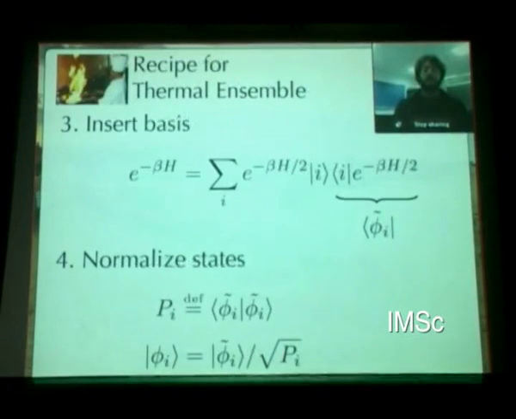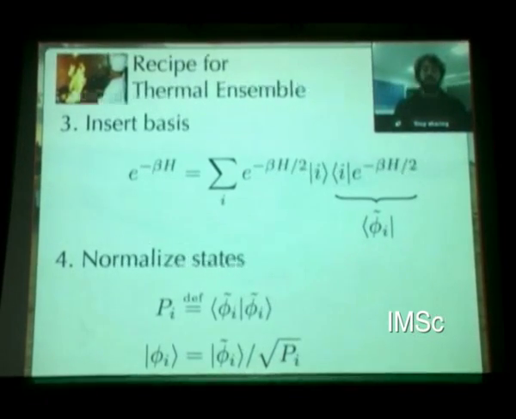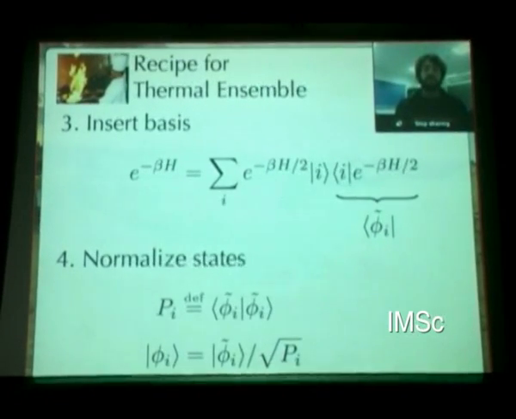If you don't do this factorization, you always work with the operator. But by doing this factorization, it allows you to put in a resolution of the identity. Now you have the decomposition in terms of states. To be able to sample over states rather than operators, that's why you need to put this in.